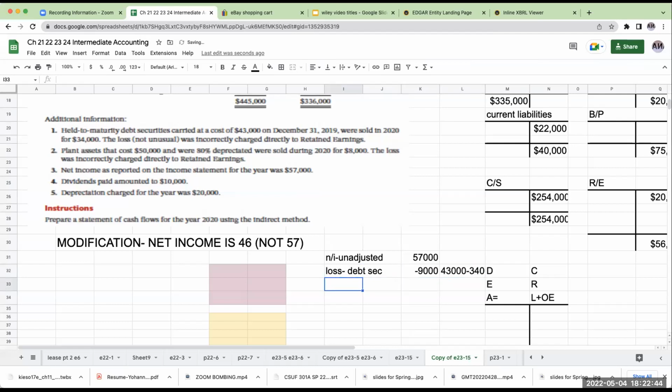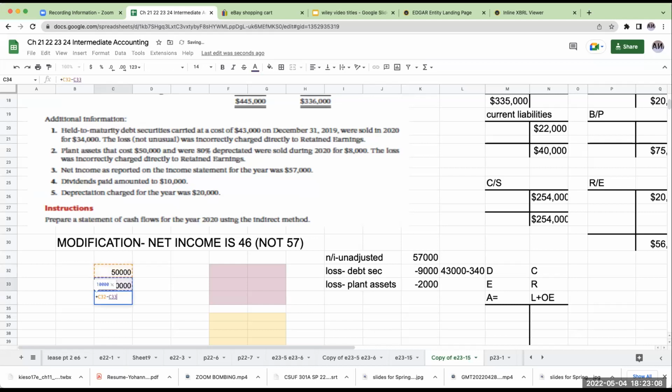And then I have a loss basically over here on the plan assets. Okay, and this over here was going to be for 2,000. Where is that loss coming from? Well, if I had something that cost 50 and it was 80% depreciated, right? So I've got 50,000, 80% depreciated.